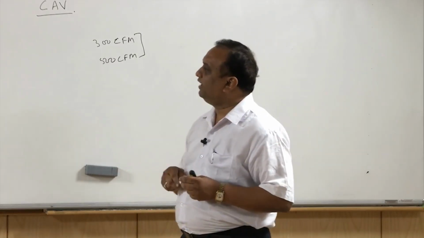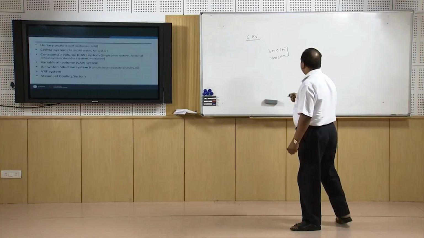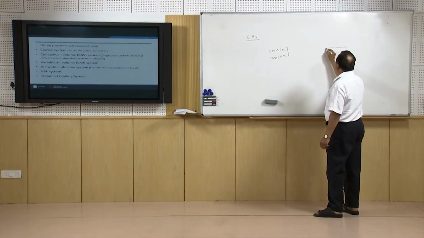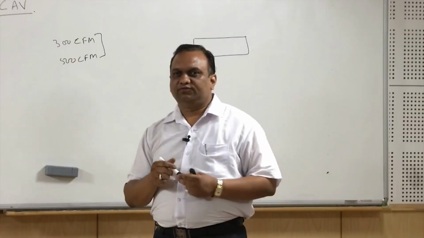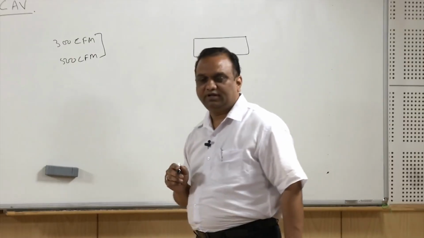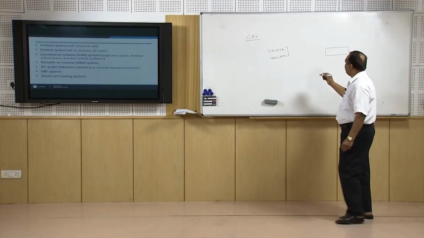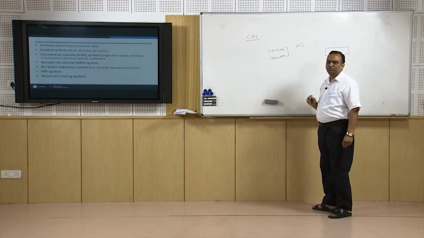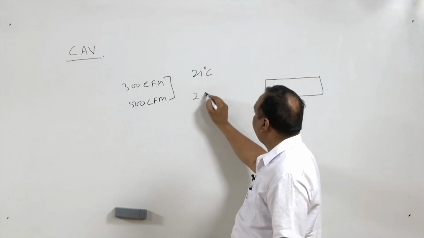Now, this is a terminal reheat system. This is very interesting. Suppose in a particular zone, we do not need very low temperatures. For example, in one room, the temperature requirement is 21 degrees centigrade. In another room, the temperature requirement is 26 degrees centigrade.